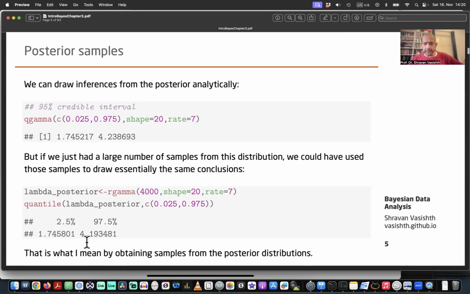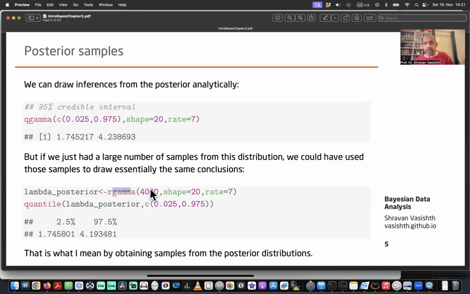so in the coming lectures, whenever I talk about getting samples from a posterior distribution, what I'm talking about is the analogous step to what I've done here. I'm obtaining 4,000 samples here from a gamma distribution by just using the R family of functions. So what will change for us in the computational setting is that we won't have any analytical posterior.